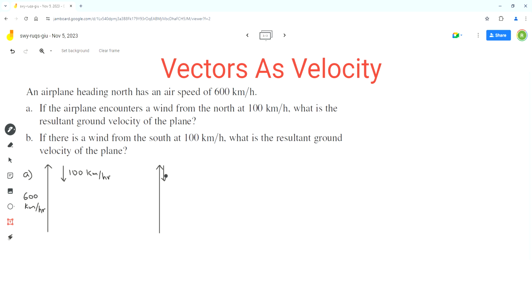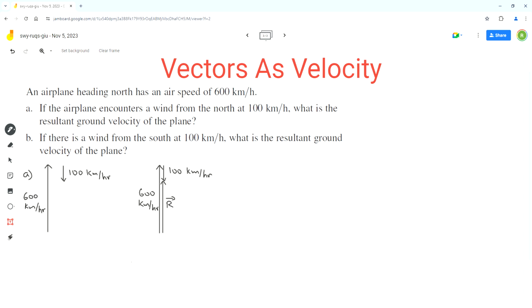Now I did not put the wind's vector on the airplane's vector because then it will be difficult to differentiate between the two. And the resultant of these two vectors will be this vector. So this is 600 and this is the resultant vector.